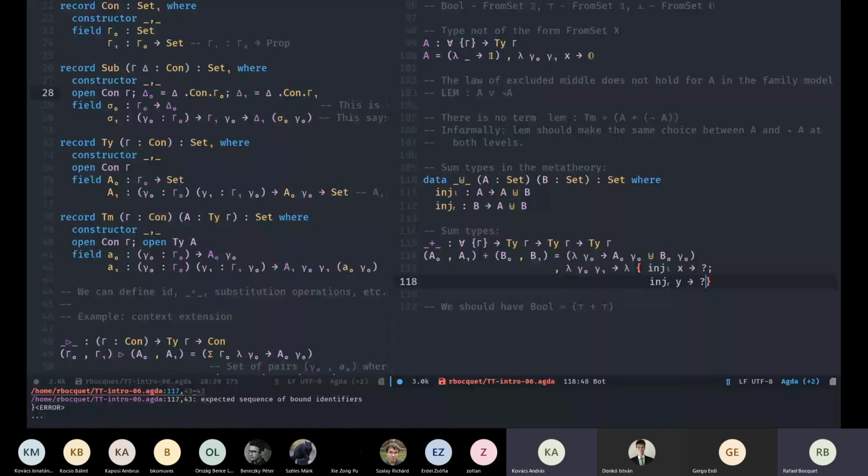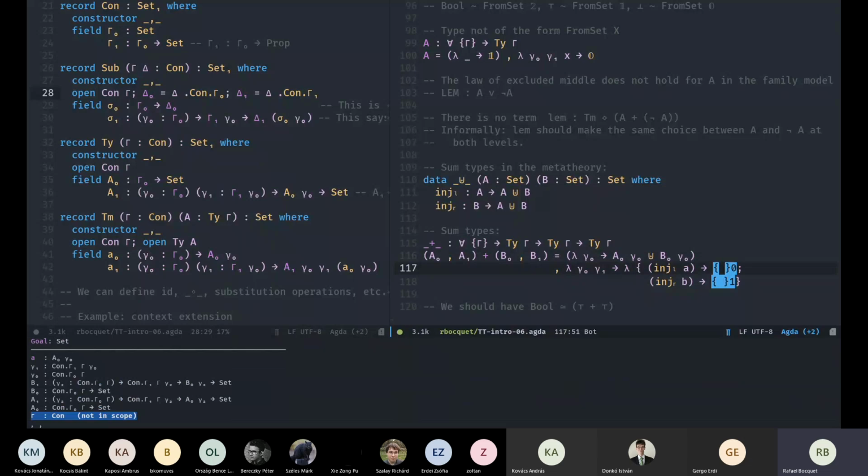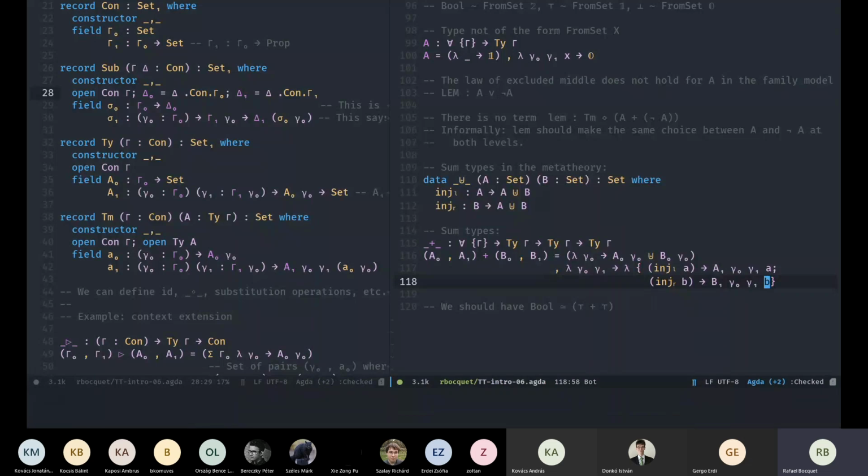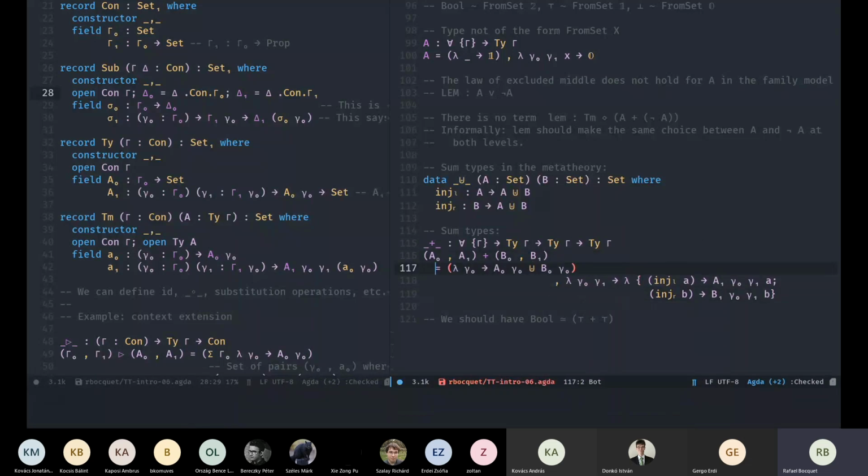You also have to put the pattern in parentheses. It seems to work. Okay, so we can move this here.